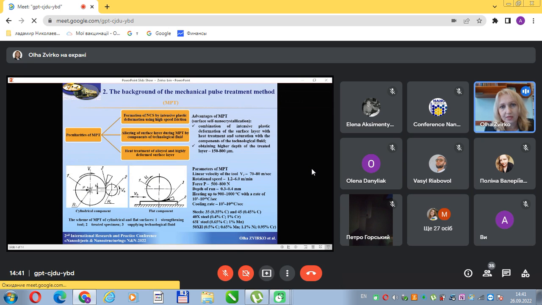So the advantage of this method is grain refinement to the nanoscale and simultaneous heat treatment and alloying of the surface treated metal.